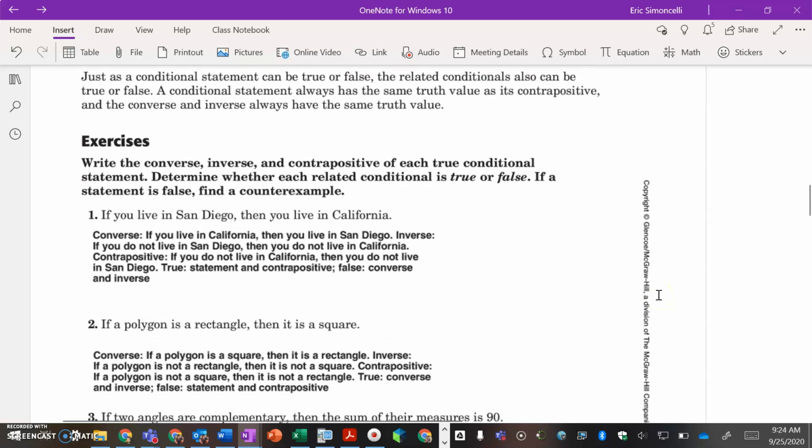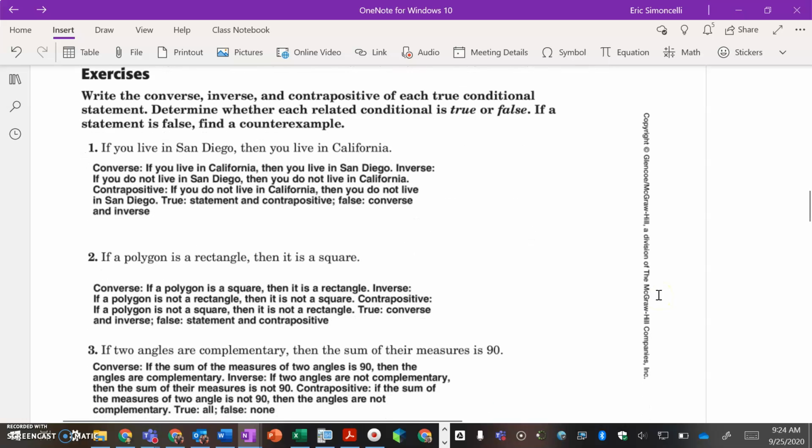Okay, number 2 and 3. If a polygon is a rectangle, then it is a square. If you were to draw a picture, that's a good way to help form your understanding on a lot of this, because we're going to be applying this to geometry very soon. Let's take a look.